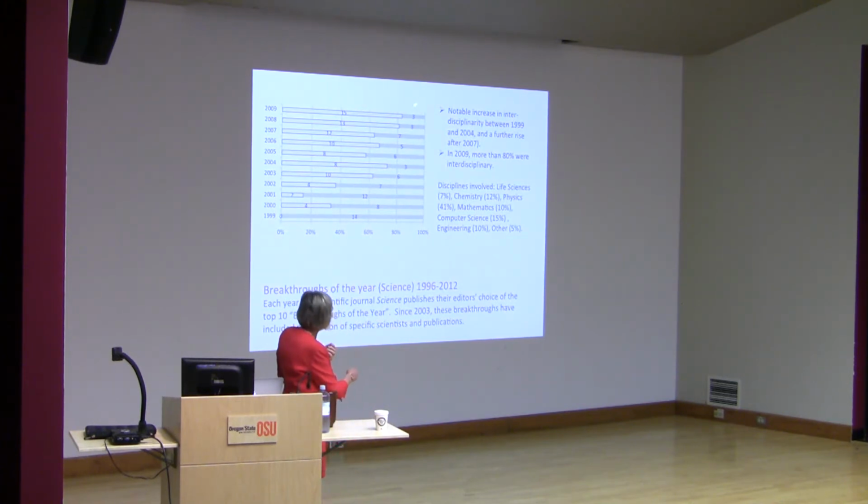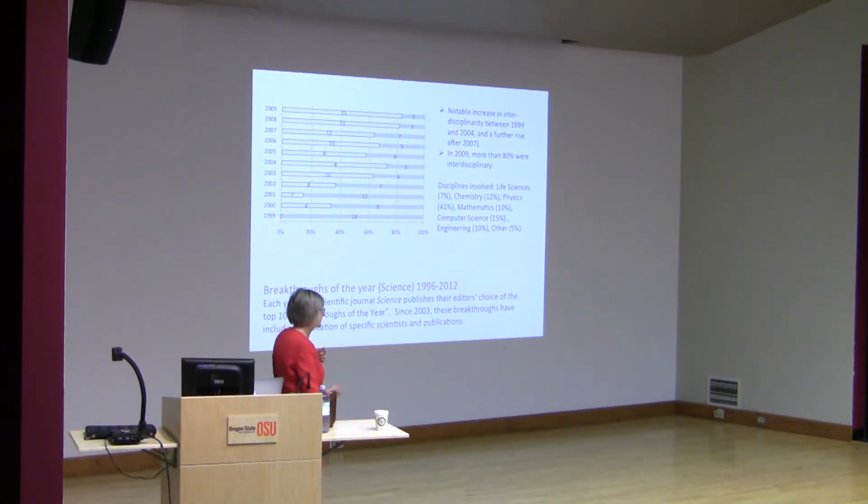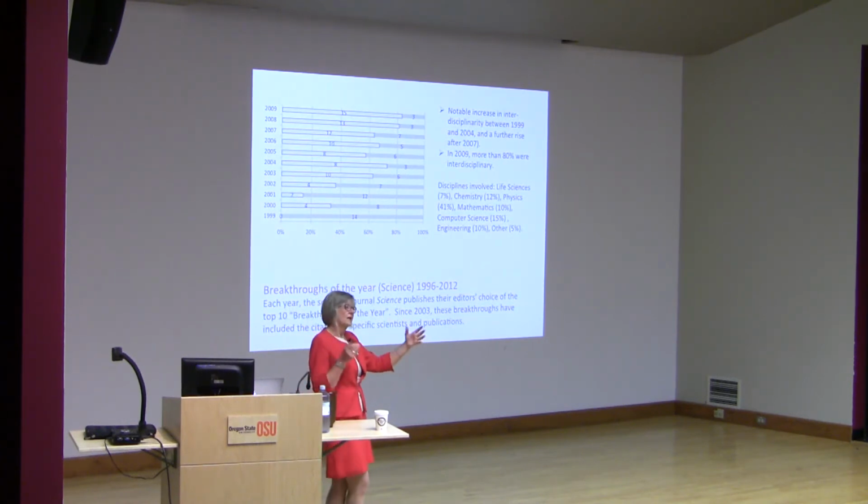However, this has been steadily going up, and now it's even higher than it was. 2009 was the last data I looked at. So basically, almost 80–90% of the teams have people from physics, chemistry, biology, or medicine in one of those applications. So this really shows that working in these interdisciplinary teams can yield high impact research outcomes.